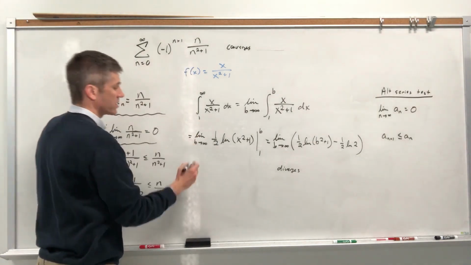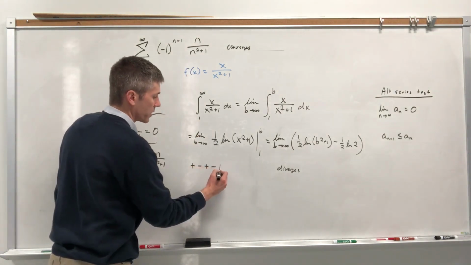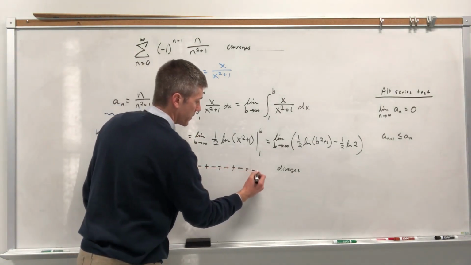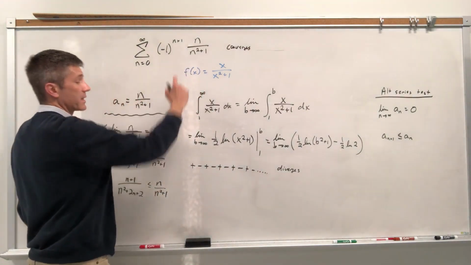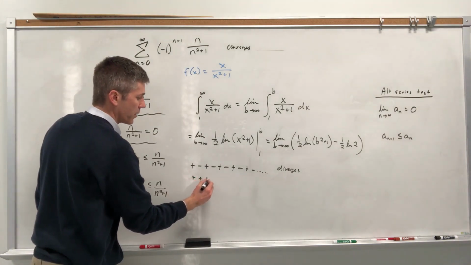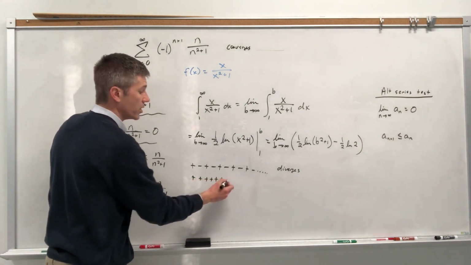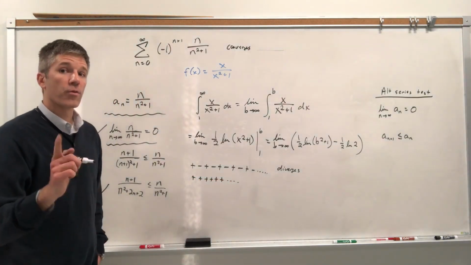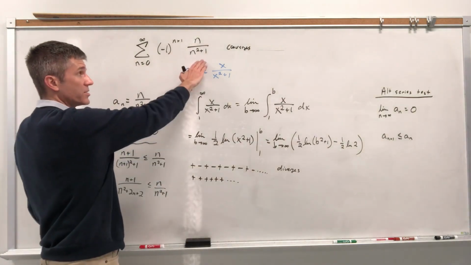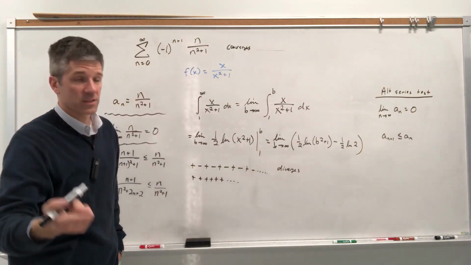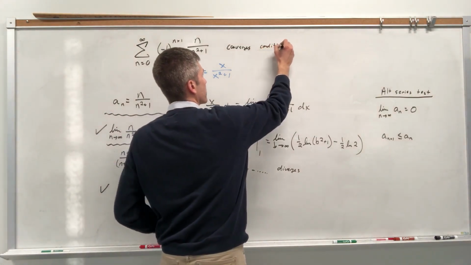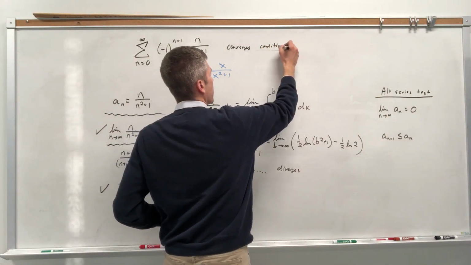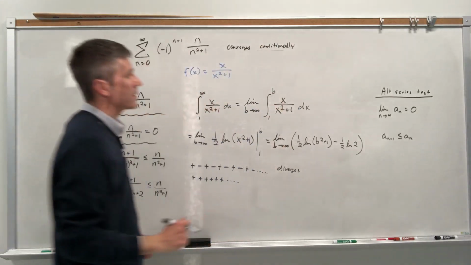If I generated these terms and added them for the rest of my life, that would converge. If I pretended like they were all positive, they would diverge. For that reason, this converges, but only if it's alternating, so it converges conditionally. And let's clean that spelling up, and that is it.